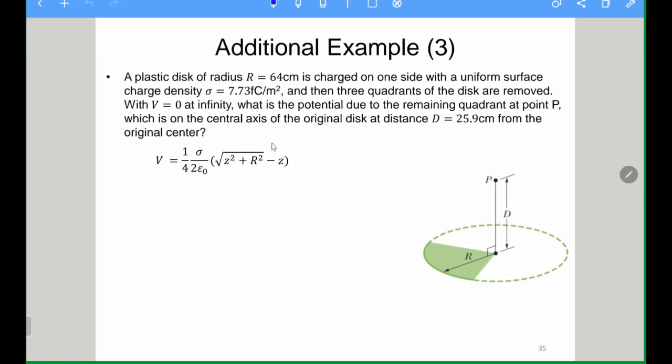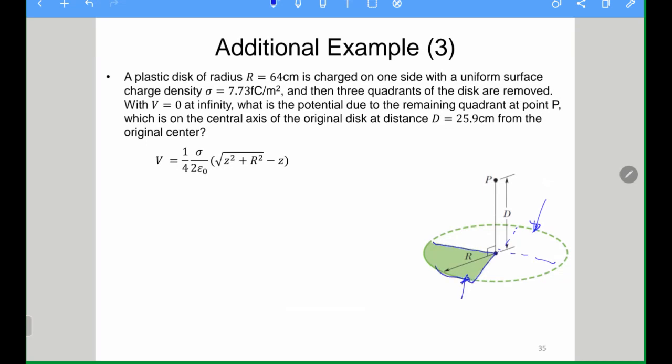Previously we already know that if this is a complete disk, it will generate the voltage like this without this 1/4 factor. This is for the complete disk. But here, if we only have one quadrant and consider this point, every quadrant will generate the same thing. It is one fourth of the area, but you need to consider the symmetry.